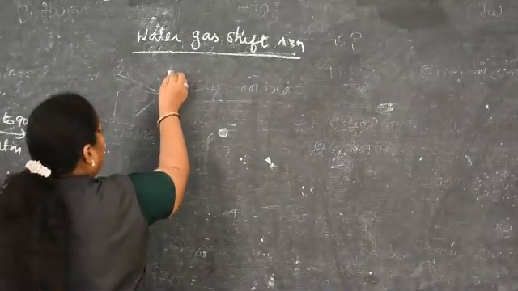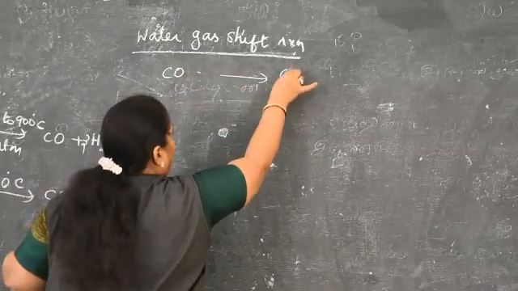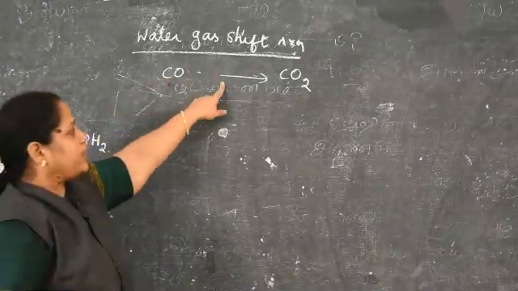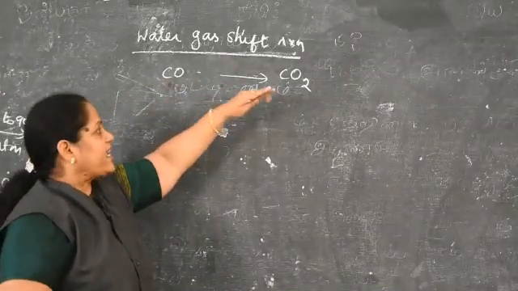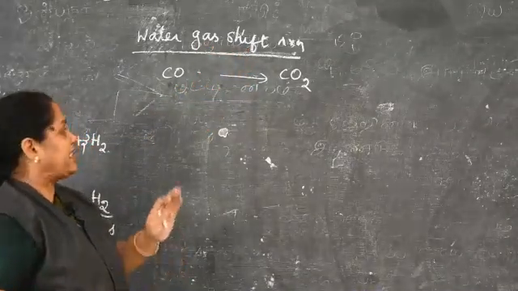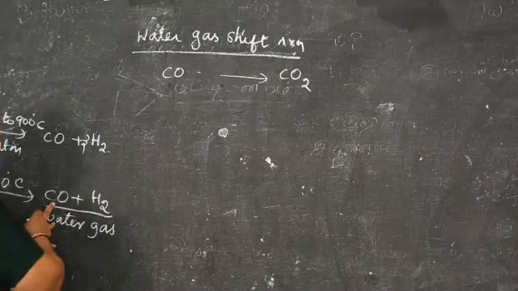Conversion of carbon monoxide into carbon dioxide is called the water gas shift reaction. In water gas, carbon monoxide is available.